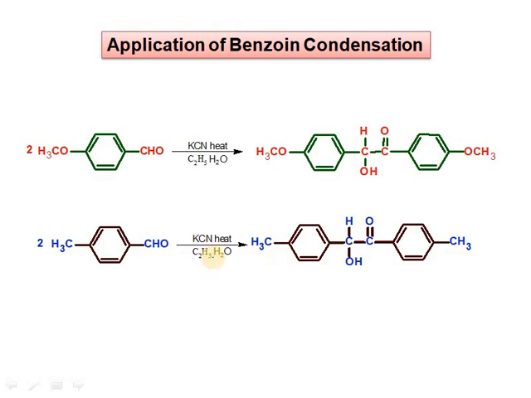Now next we are going to discuss applications of benzoin condensation. It is very simple. Two molecules of this, it is para anisaldehyde. The two molecules of anisaldehyde get condensed with cyanide on heating. So how will you get the products? The products are very simple.